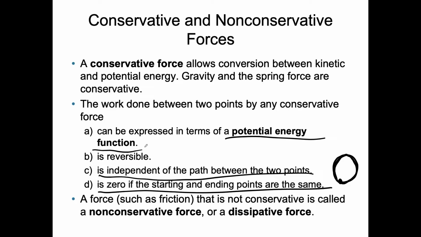This is the property of the conservative force. For a conservative force, we can define a potential energy. And that's what we want to discuss. So what are conservative forces? Basically in physics 1, we focus on gravity and the spring force. Those are two conservative forces we're going to learn in physics 1.